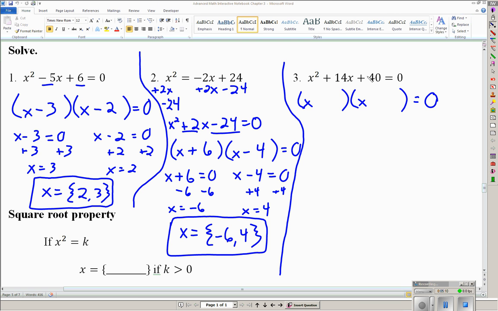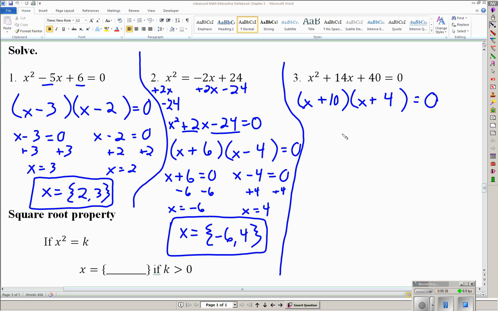To multiply and get a positive, the signs have to be the same, and to add to get a positive, they need to be positive. So I know these are both plus. So let's see, 8 times 5 is 40, but 8 plus 5 is 13. That doesn't work. 10 times 4 is 40, and 10 plus 4 is 14.